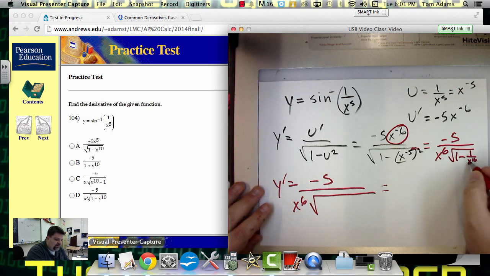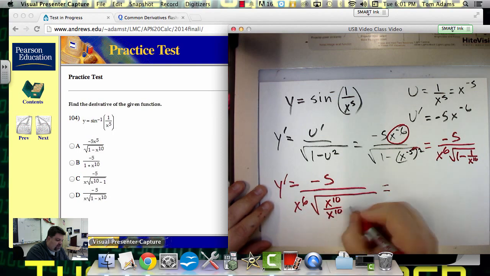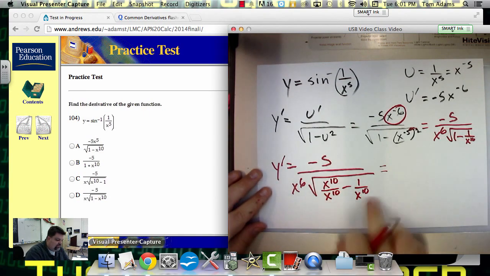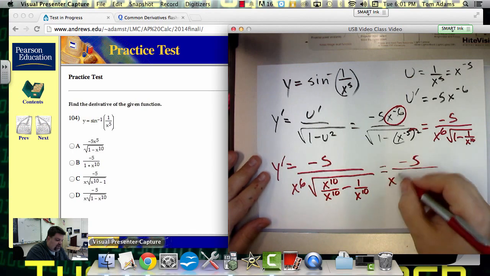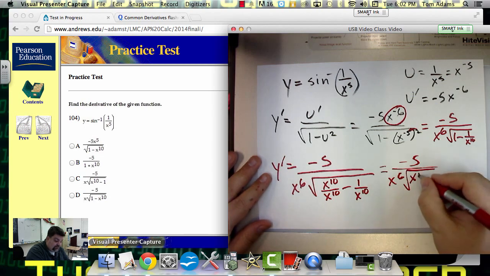So the first thing that I would do is clean this up on the inside and make a common denominator. In other words, I've got x to the 10 over x to the 10 minus 1 over x to the 10. Right? Because 1 is the same as x to the 10 over x to the 10. And so then on the next line, I got negative 5 over x to the 6, and then I've got the square root of x to the 10 minus 1 all over x to the 10.